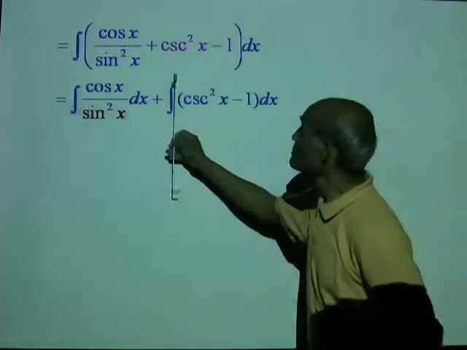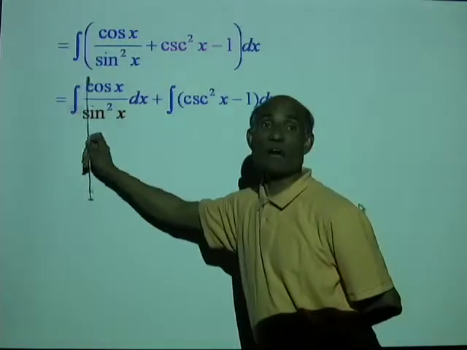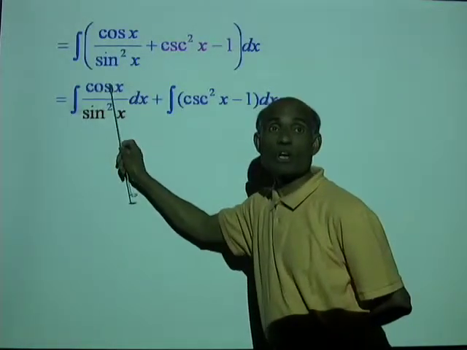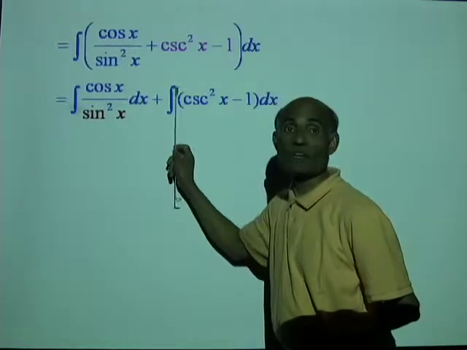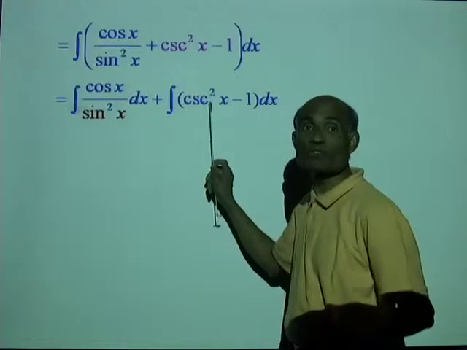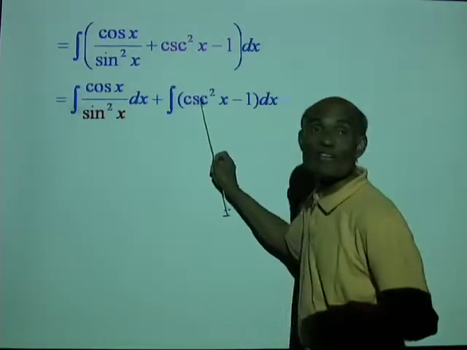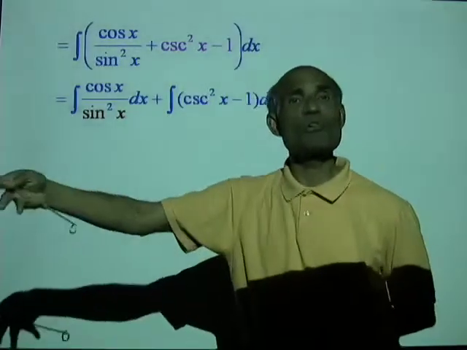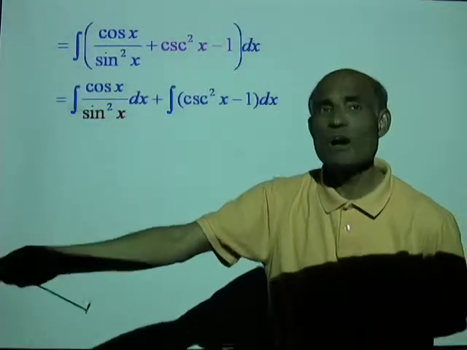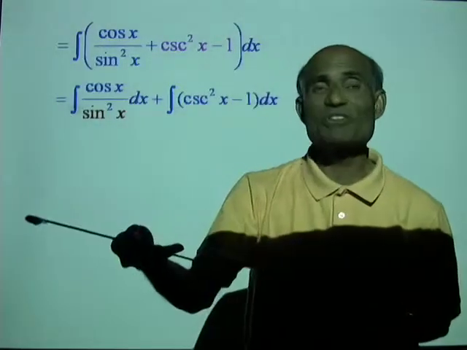Well, now split this into two different integrals. Now, the left one is integral cos x over sine squared x dx plus integral cosecant squared x minus 1 dx. Now, this is something we can integrate. We know what integral cosecant squared x is. Do you know? What is the derivative of cot x, cotangent x?